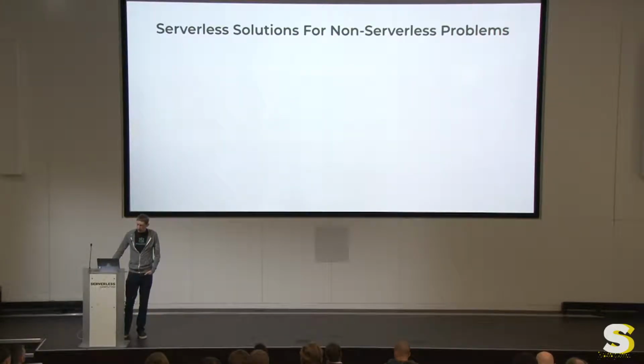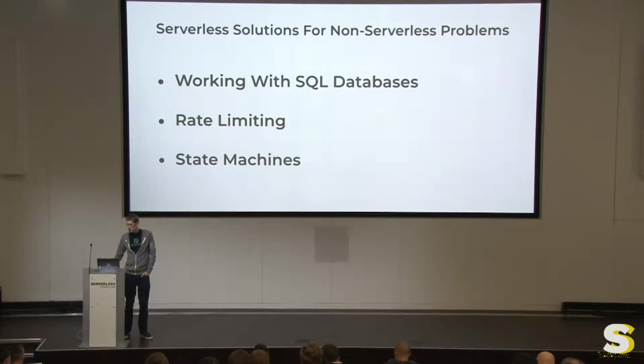So we're going to talk about serverless solutions for non-serverless problems. In particular, there's three that I've found are rather interesting from things that we've helped customers with. First, working with SQL databases, which tends to be non-horizontally scalable. So how do you do that effectively? Second, how do you do rate limiting?